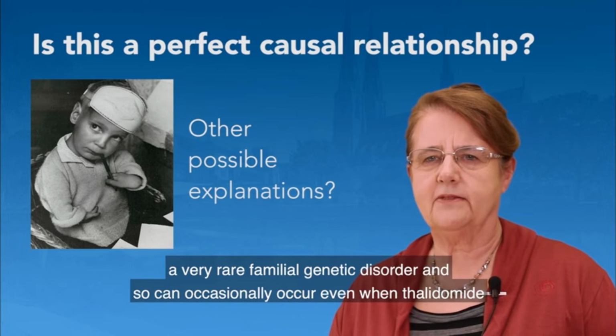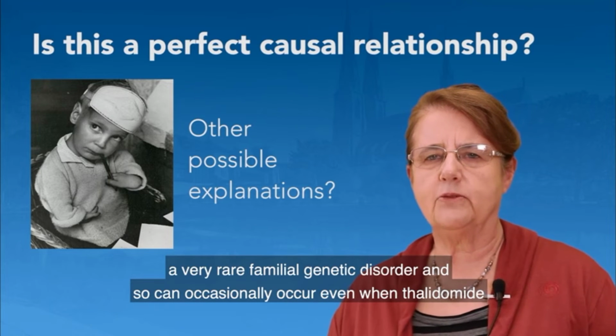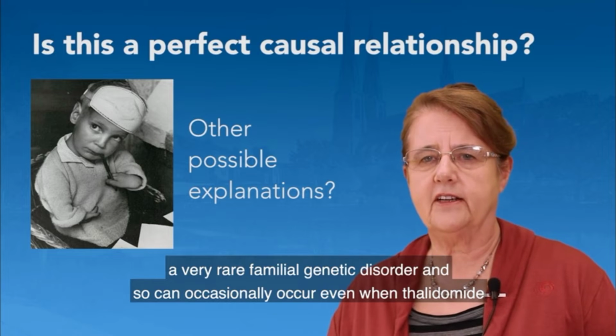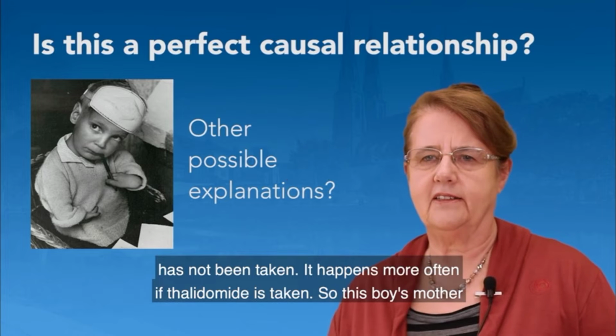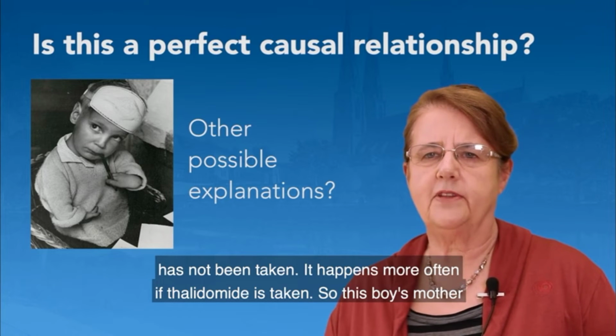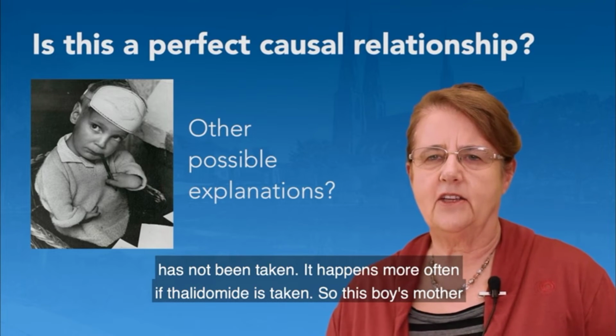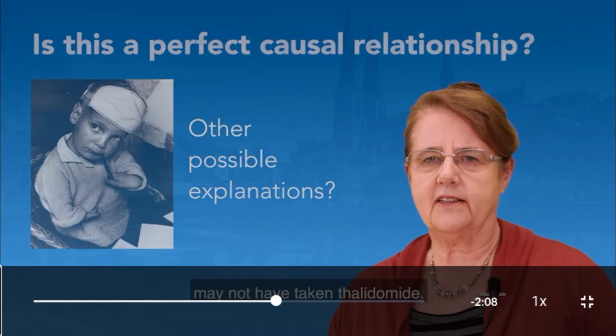This is because it is a very rare familial genetic disorder, and so can occasionally occur even when thalidomide hasn't been taken. It happens more often if thalidomide is taken. So this boy's mother may not have taken thalidomide.